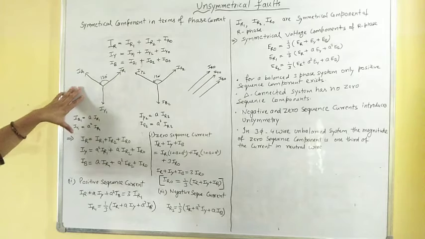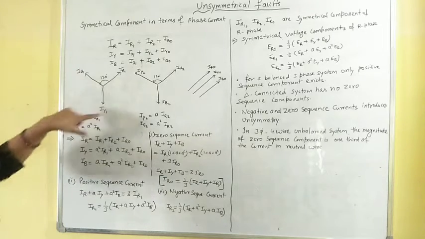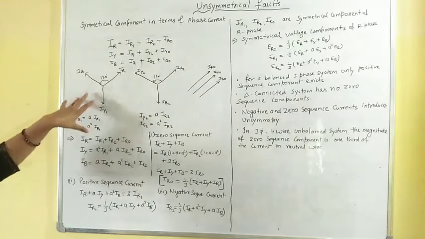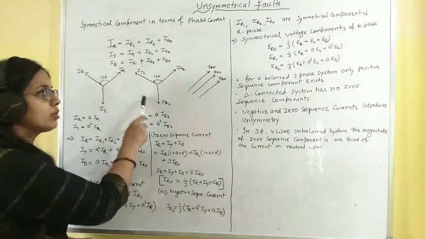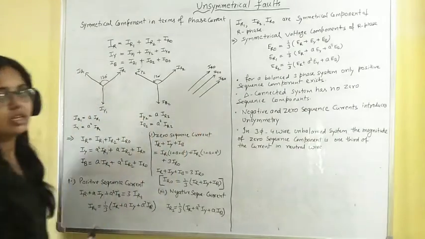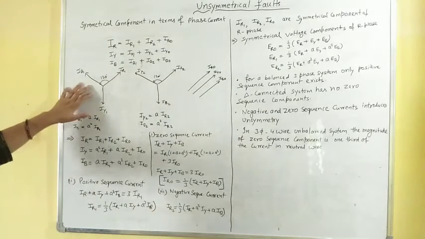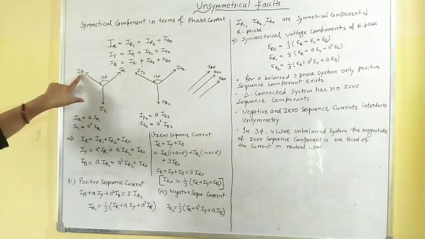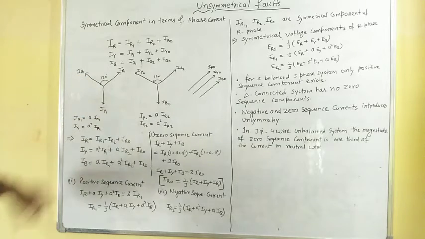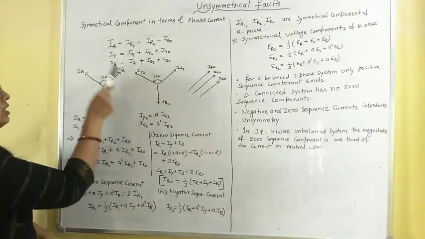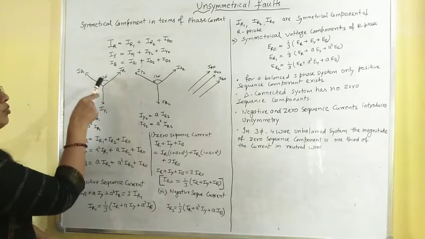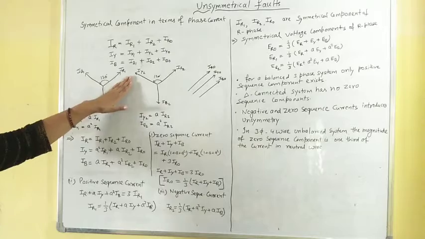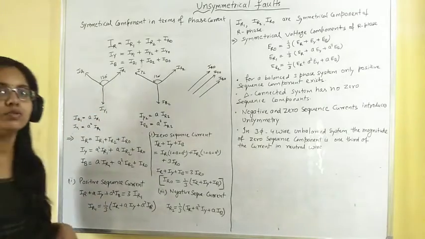Then, by simplifying, this is the phasor diagram of the positive sequence component, then the negative sequence component and zero sequence component. Now this component has IR1, IB1 and IY1. Here we can see that IB1 is 120 degrees anti-clockwise from IR1. So we have defined what operator A is.